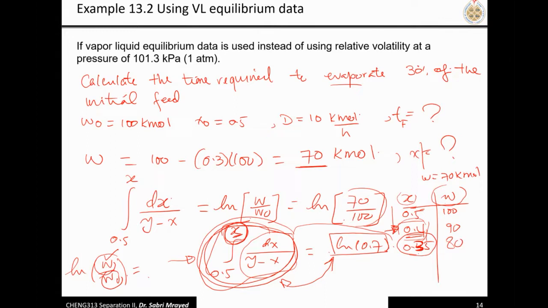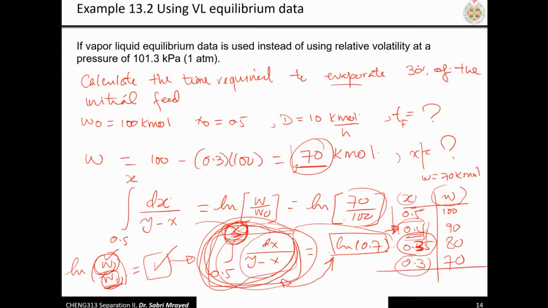That means I should continue because I need to reach 70. If by chance I went to 0.3 and used it in this equation, I can get the integration, and knowing W0, I can get W. Let's assume it was found to be 70 here. Now I have to stop here.